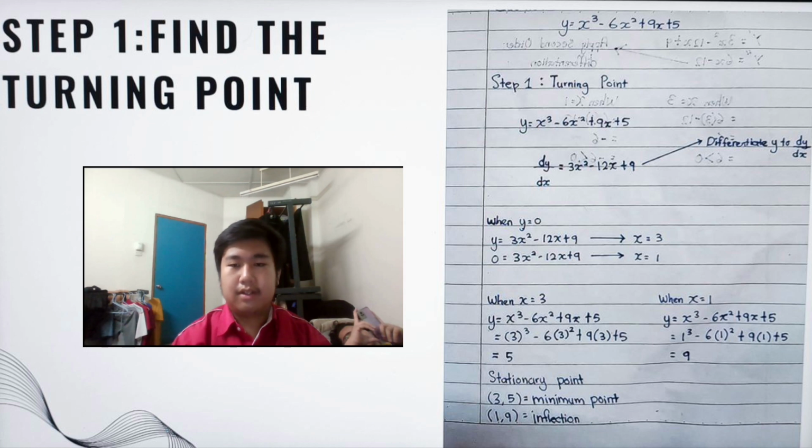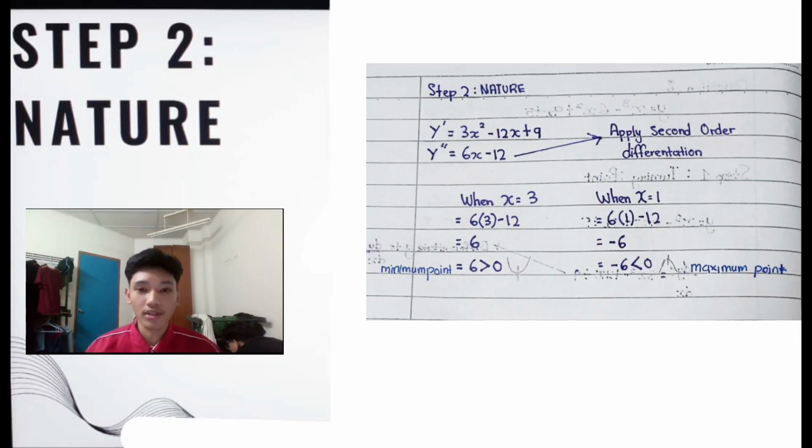We do the same thing for x equals 1, which gives 1 power of 3 minus 6 multiplied by 1 square plus 9 multiplied by 1 plus 5. The value that we get is 9. So the stationary points are (3, 5), which is a minimum point, and (1, 9), which is a maximum point. Moving on to the next step, which is nature.